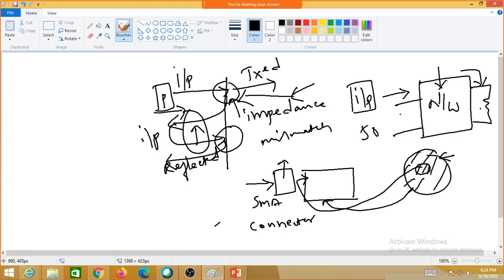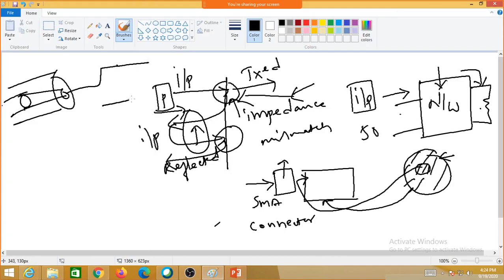So this is your center conductor and this is your outer conductor. This is your inner conductor, which is going to one transmission line, and the outer conductor we are grounding here.